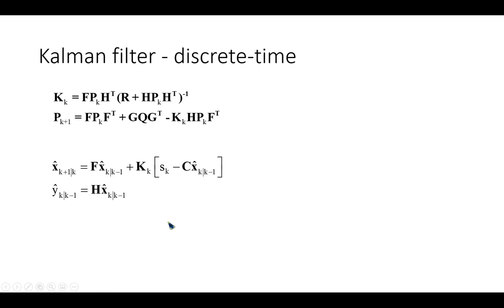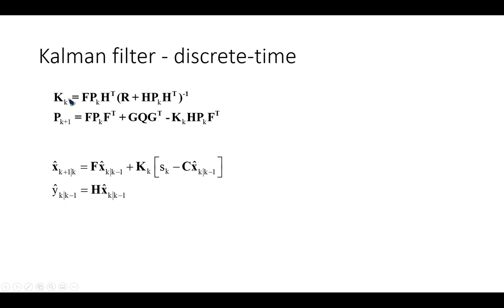So our discrete time Kalman filter, just to say, was worked out first by Kalman, obviously, before the continuous time version. It is kind of similar, but not quite the same. Instead of a differential Riccati equation, it's a difference Riccati equation. You've got the error covariance matrix P, k plus 1 is F, P, k, and so on.